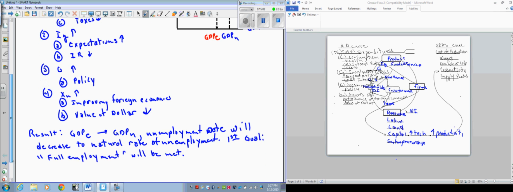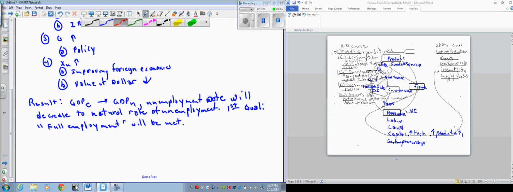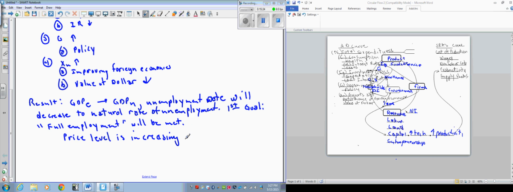So now what we can say down here is that the price level is increasing, which is offsetting existing deflation.